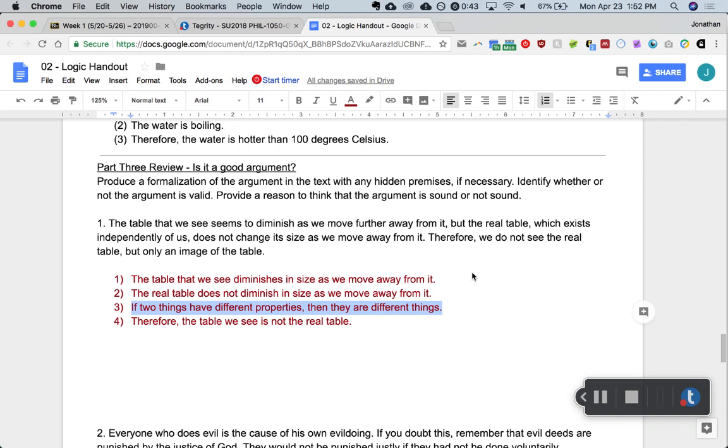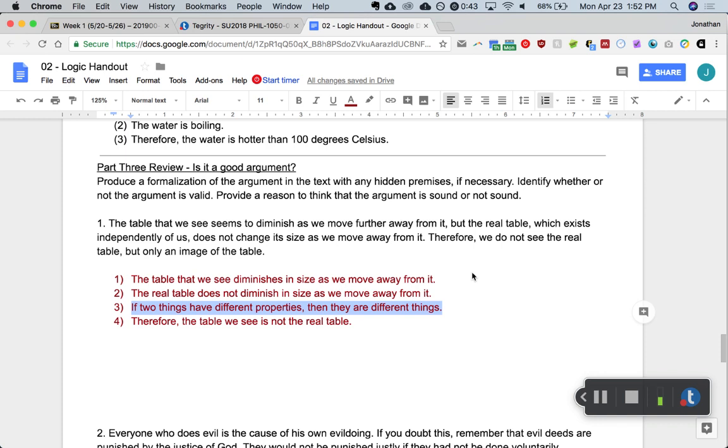They have different properties. So since the table we see has the property of getting smaller as we move away, but the real table has the property of staying the same size as we move away, the table we see must not be the real table. They must be different things. So that's the basic form of Hume's argument.